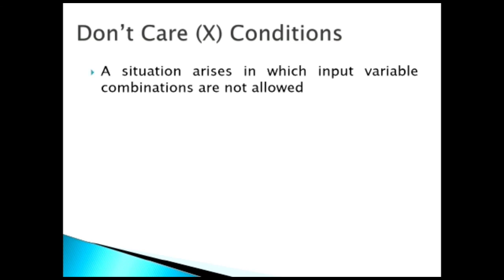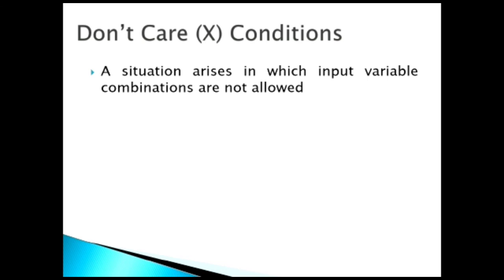Now in digital logic, a don't care term is also used. Don't care is a condition which allows us to replace the empty cell of a K-map to form a grouping of the different variable. In this don't care, a situation arises in which input variable combinations are not allowed. In this case, K-map becomes complicated.